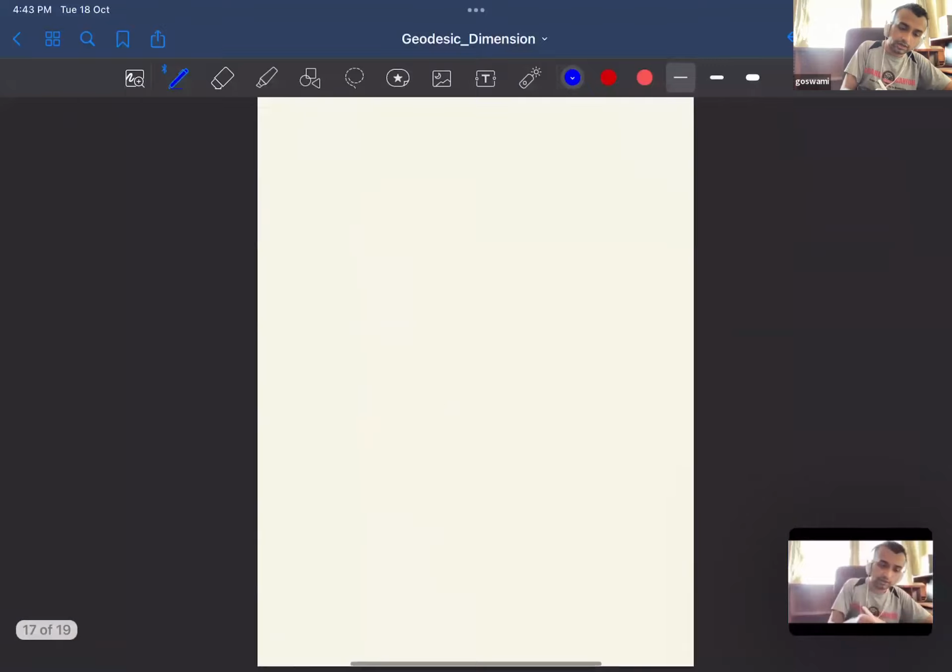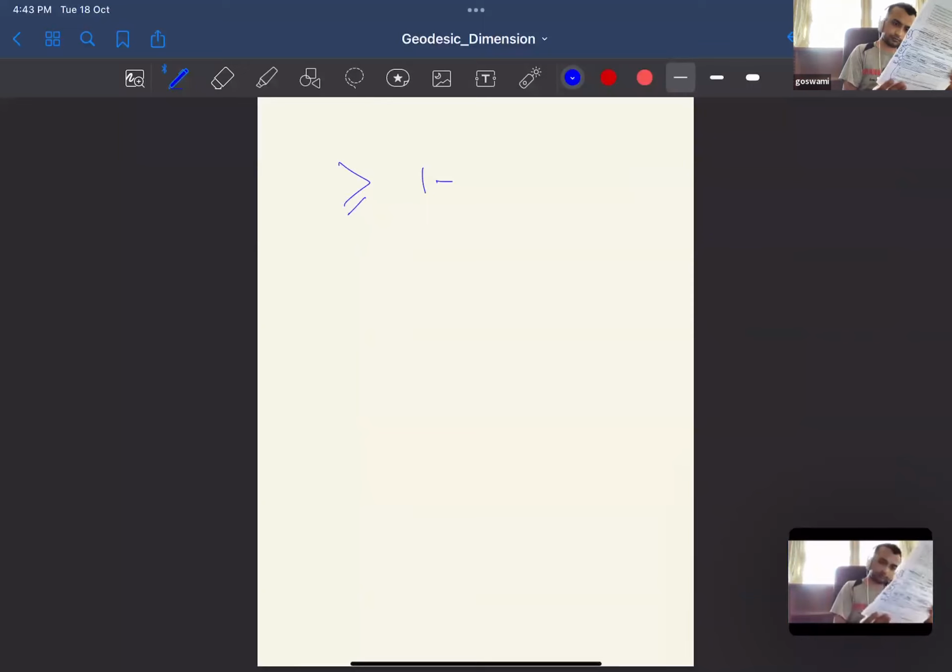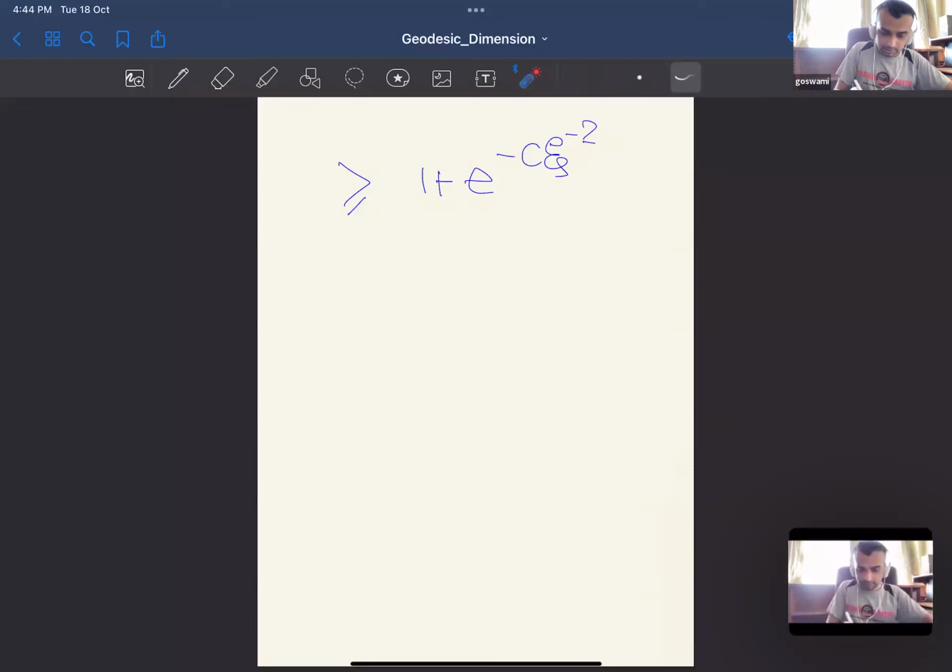So the lower bound that we get is, let me check, yes: 1 plus e to the power minus c to the power xi to the power minus 2. There is something moral in this, but it's nonsensically small.